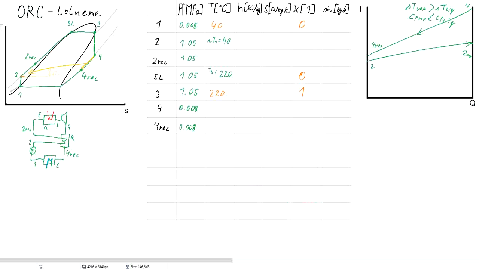So let's put the enthalpy value in our table, which is minus 132.36. And if we do the same for the entropy, we get a value of minus 0.380.